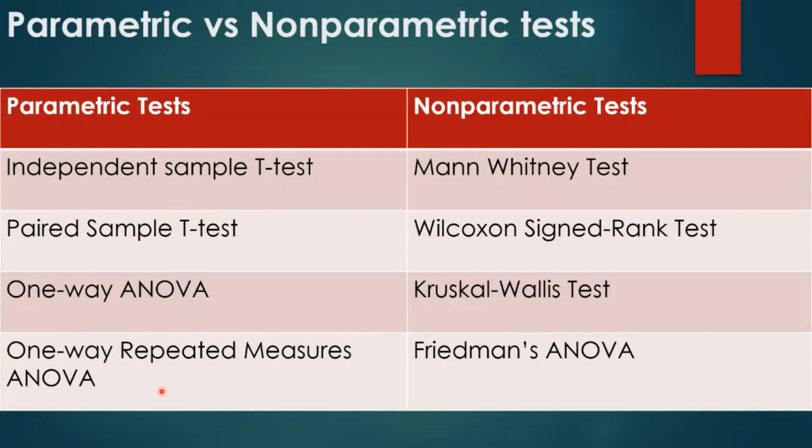One-way ANOVA repeated measure, two or more. Independent t-test for two. One-way ANOVA, two or more. Mann-Whitney for two. Kruskal-Wallis for two or more independent groups. Related groups: Wilcoxon signed-rank for two groups, and Friedman's ANOVA for two or more groups. So this is just to enlighten you. You can go and study more about each of these types of tests.